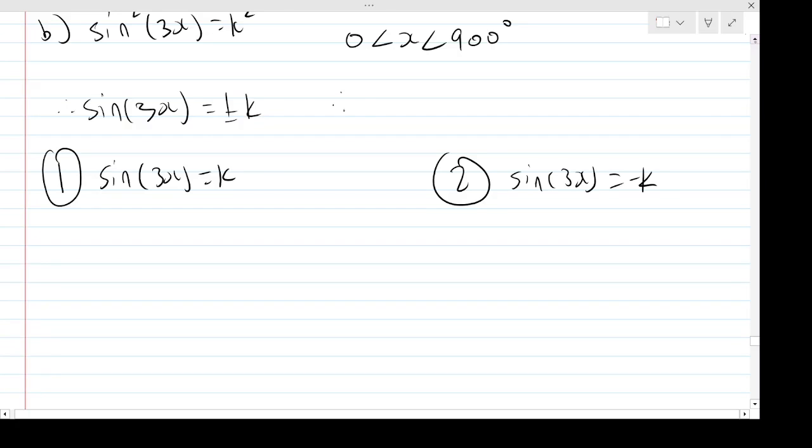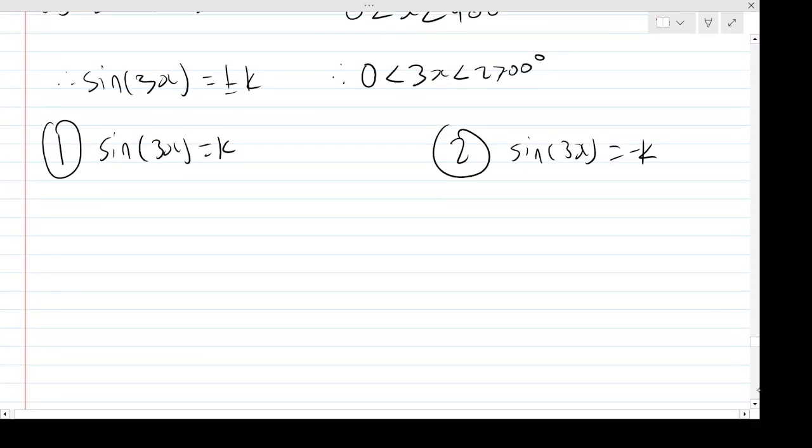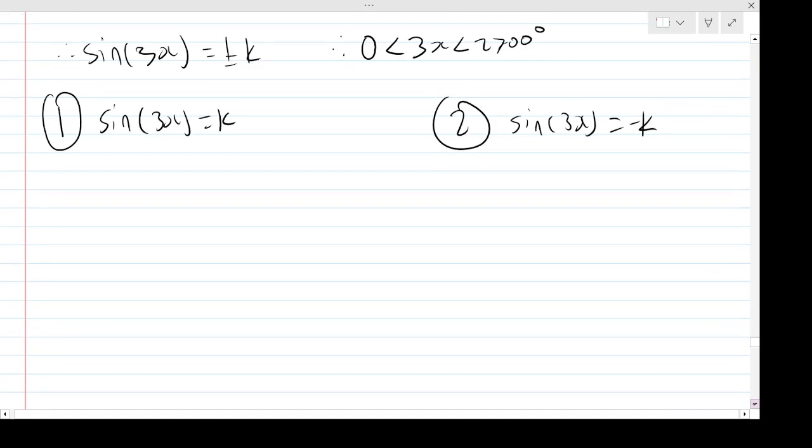So if you times everything by 3, 0 lots of 3x, and then 900 times 3 gets me 2700. Very big number, but remember, we just need to find the number of solutions, okay.